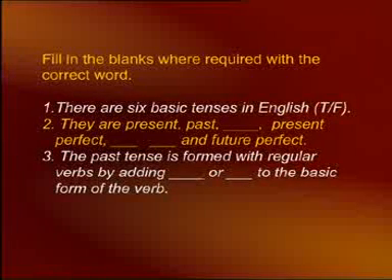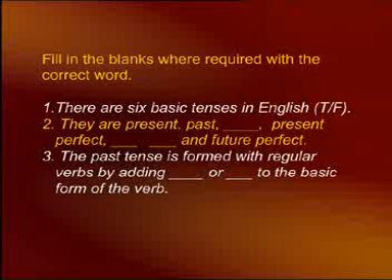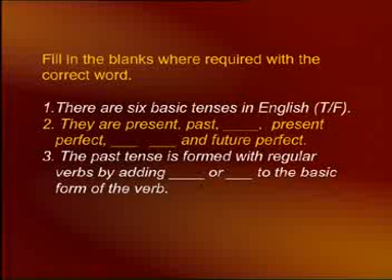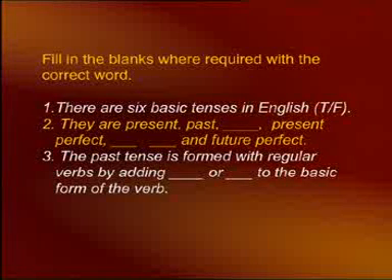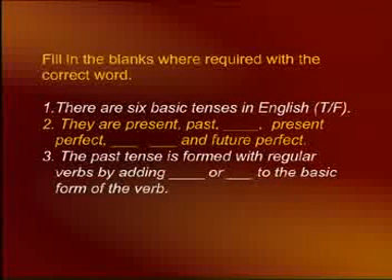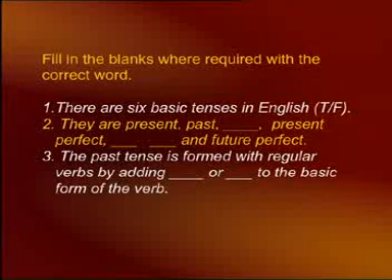So it has to be, they are present, past, future, present perfect, past perfect. The first blank will be filled in with the word future and the second one with past perfect.